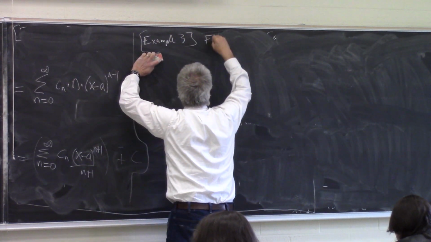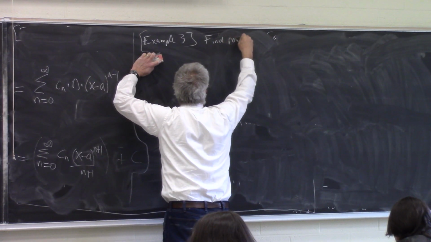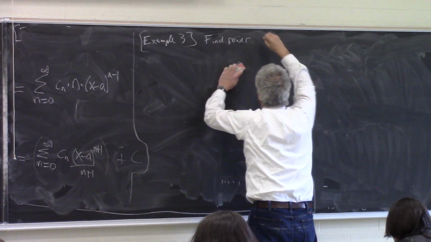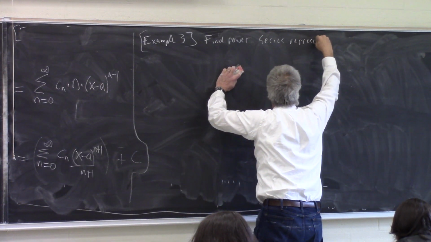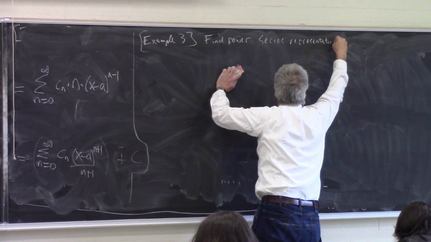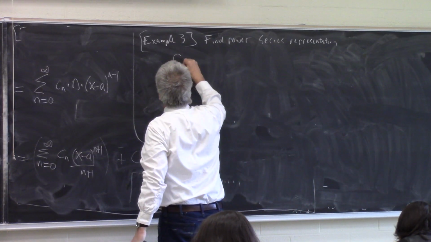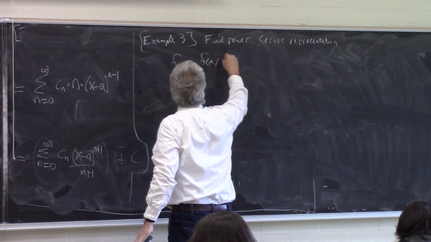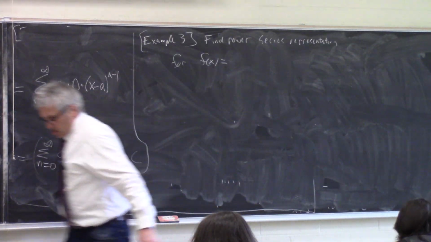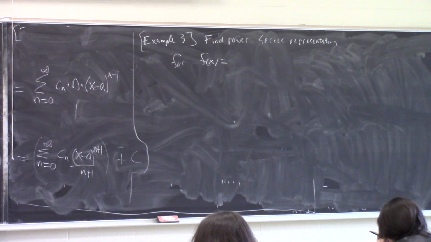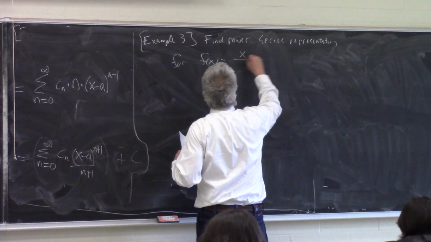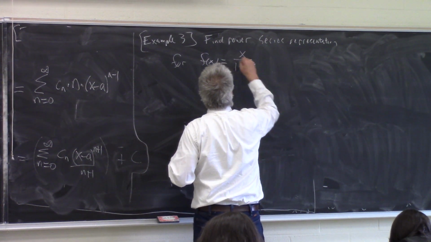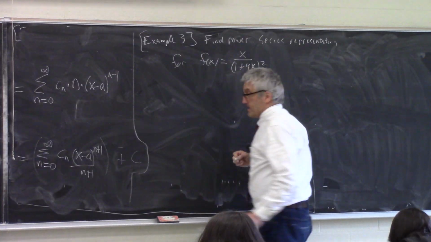Find the power series representation for this function: x over 1 plus 4x squared.